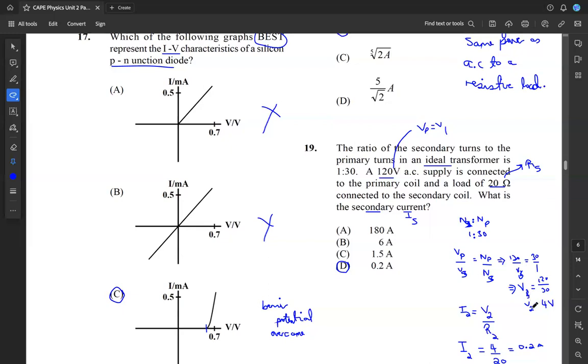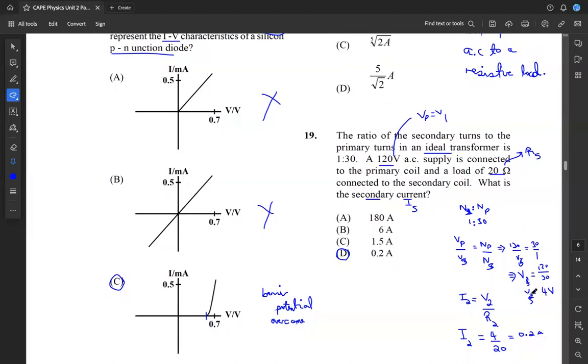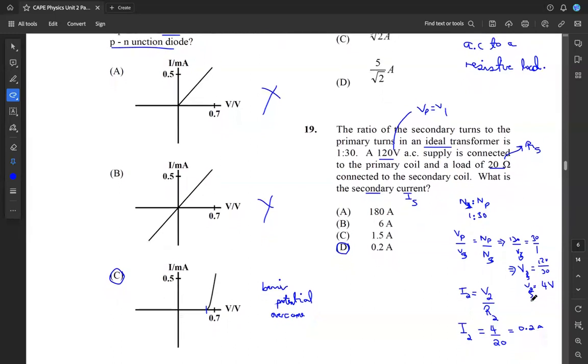Let me put VS here for consistency. It's our secondary coil, VS, which is V2, the same thing. Making VS the subject, we do cross multiplication and end up with 120 divided by 30 equals 4 volts. So that's the voltage in our secondary coil.